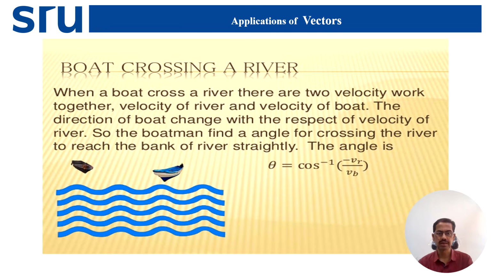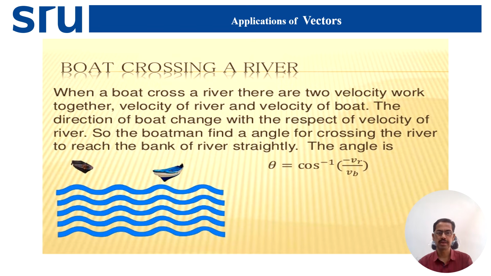One is the velocity of the river and the other is the velocity of the boat. The direction of the boat changes with respect to the velocity of the river. Right? Opposite directions are different directions.